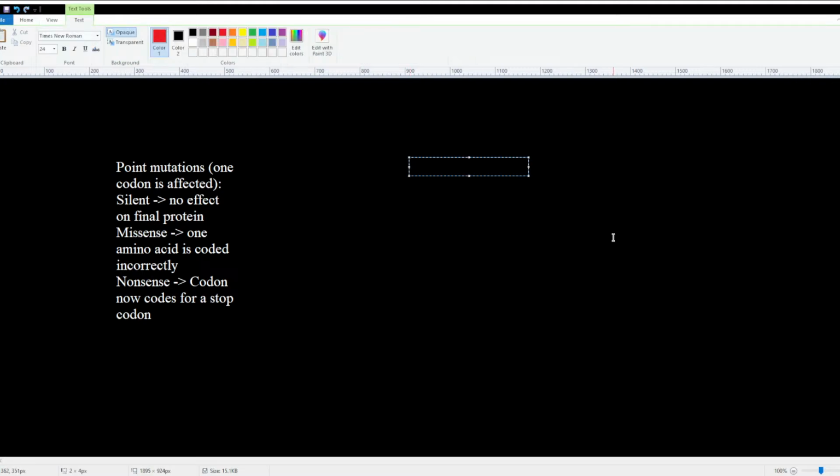Then we have frame shifts. Frame shifts are really, really bad, just like nonsense mutations. Frame shift means that more than one codon is affected. Here we have point insertion and point deletion.